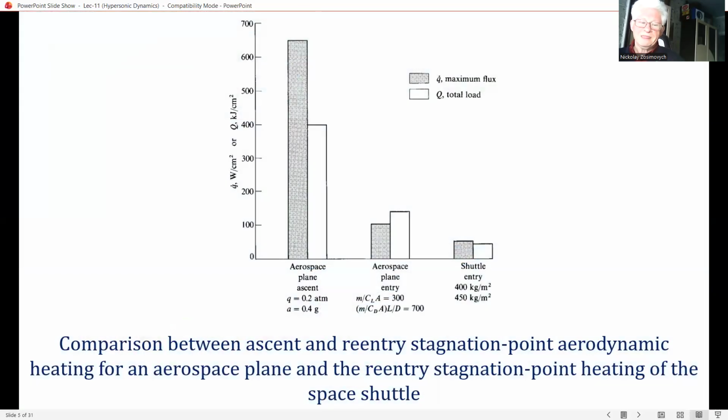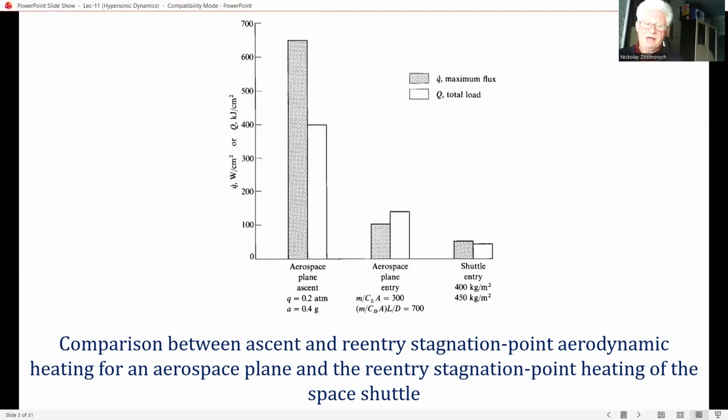For example, researchers have made engineering estimates of the aerodynamic heating to an aerospace plane for both ascent and re-entry, and compared this result with the space shuttle re-entry.